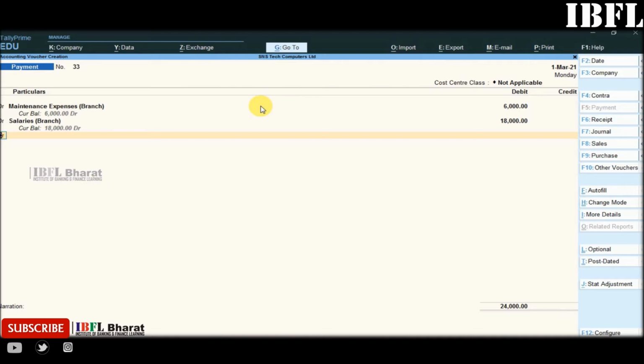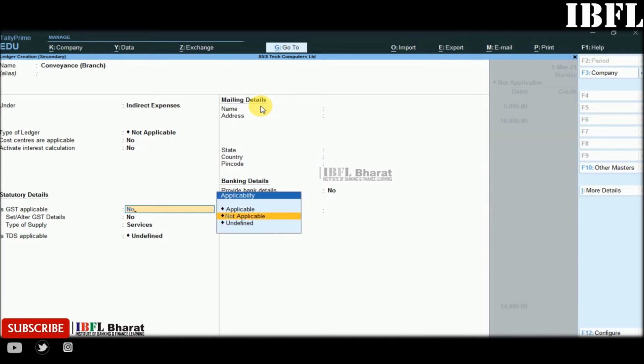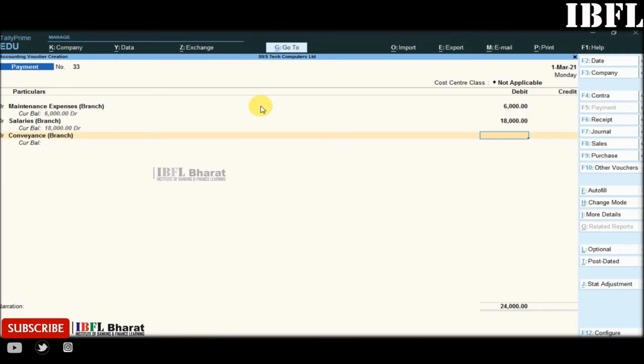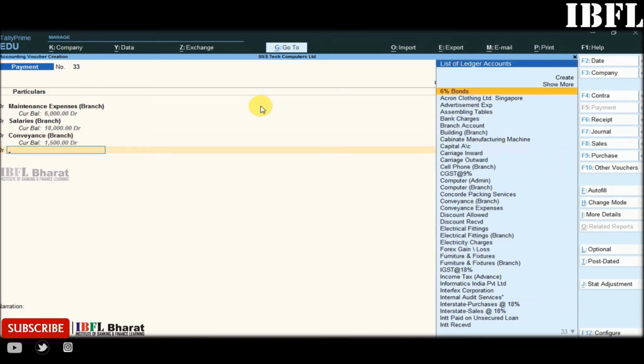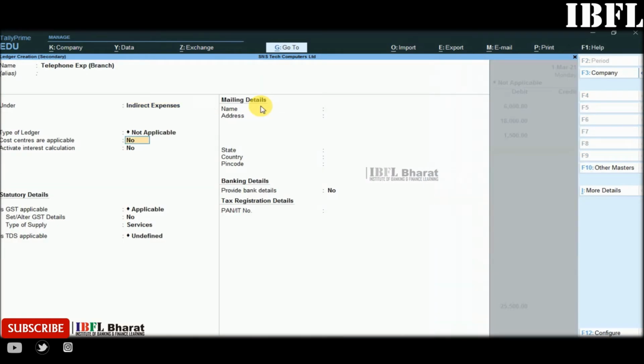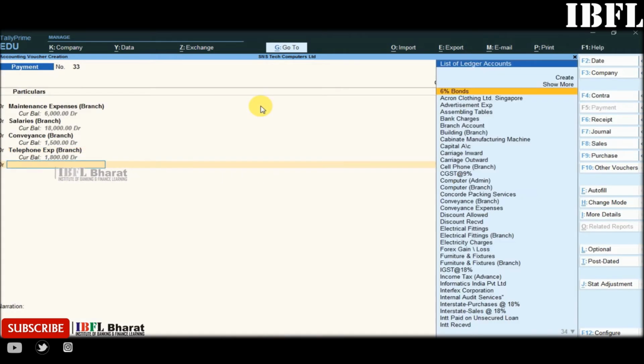Next is conveyance expense, conveyance of branch. It is also indirect expenses, not applicable to GST, and conveyance expenses are 1500. Another expense is telephone expenses branch, indirect expenses, say no to GST. Amount is 1800 rupees, and the last expense is electricity expenses branch.